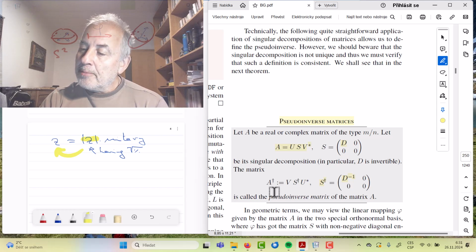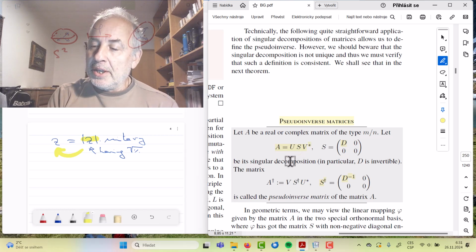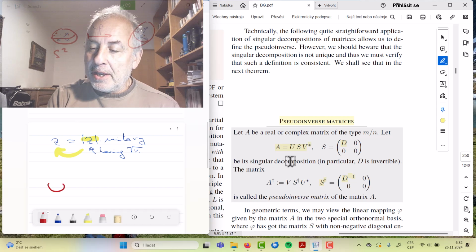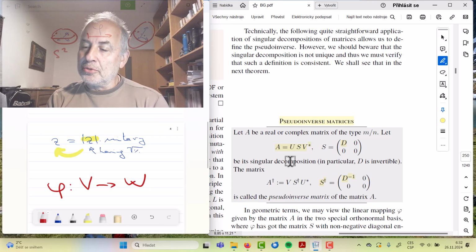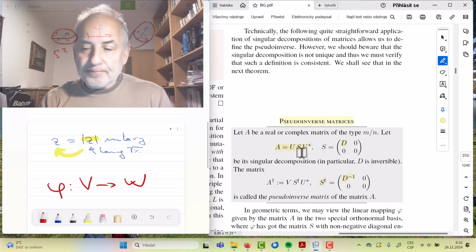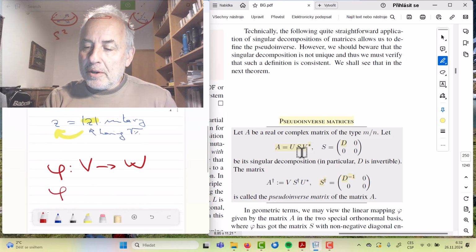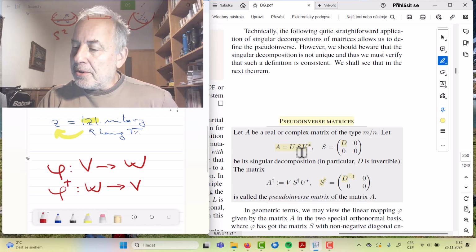And then we simply use the same bases. So it was phi going from V to W. I'm sorry, this V is a vector space and this V is a matrix, so sorry for that. And we have got the phi star, which goes from W to V, and actually we don't want to have the phi star here, but there will now be the dagger here.